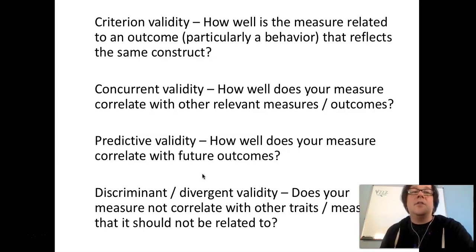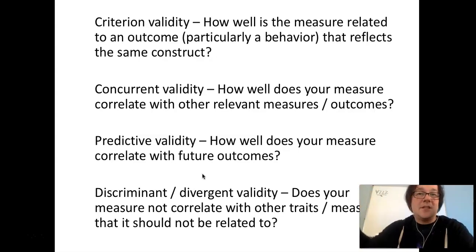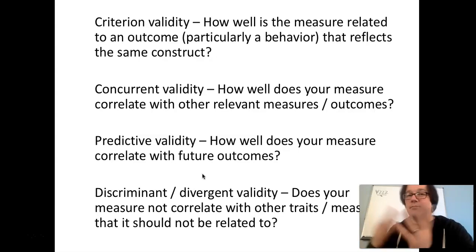So all of those behaviors or symptoms or actions that occur can be used as criteria by which we judge our scale. In other words, how well is this measure related to a particular outcome, usually a behavior that reflects the same construct here.